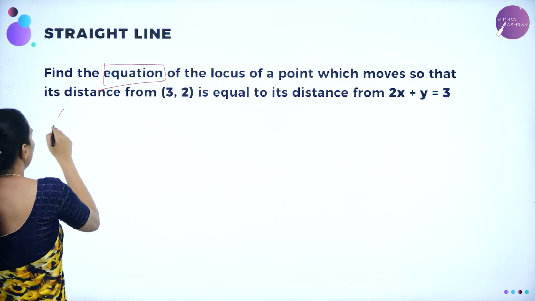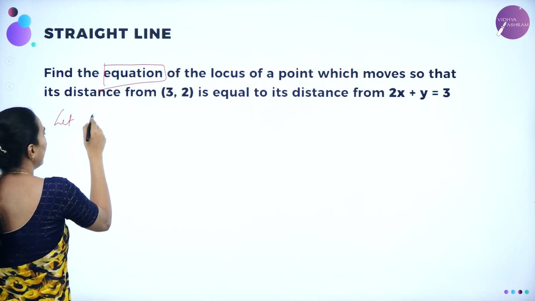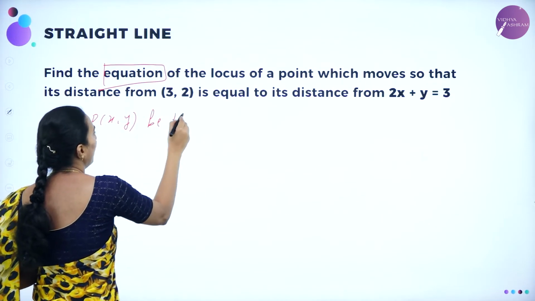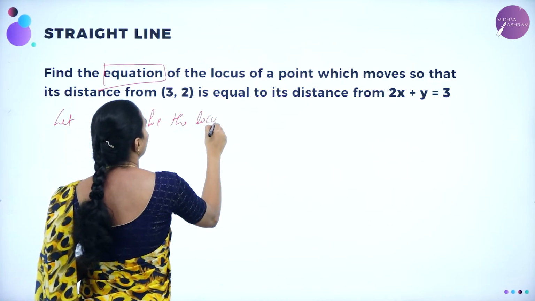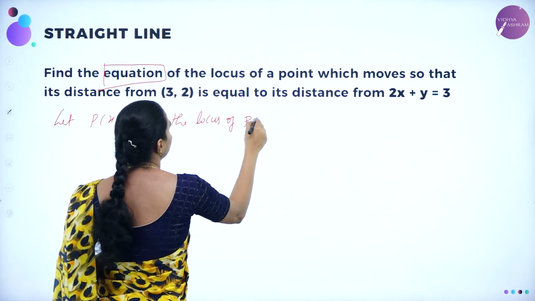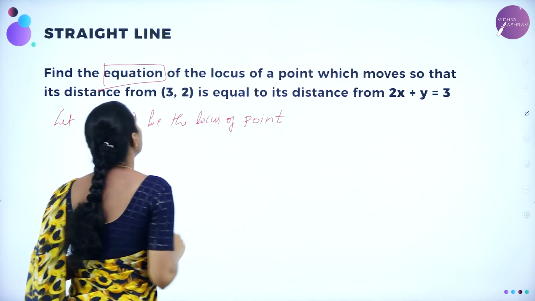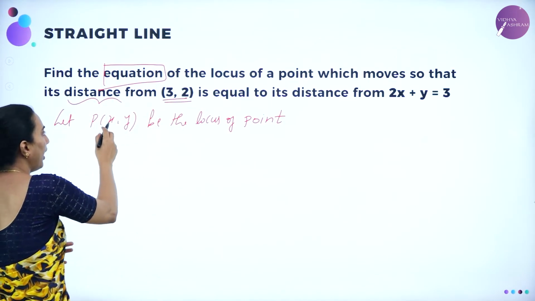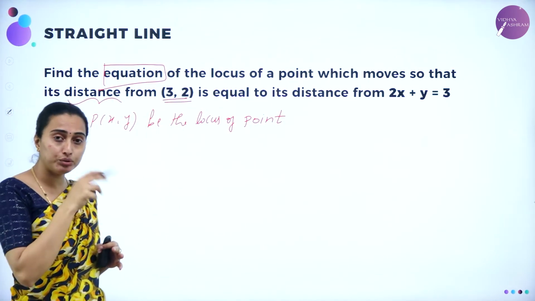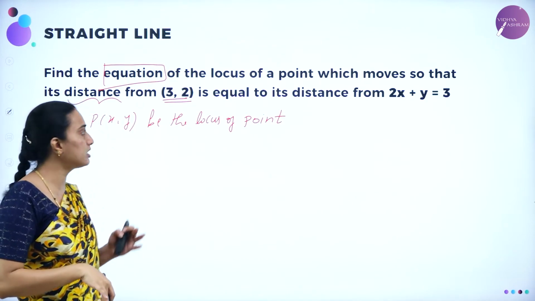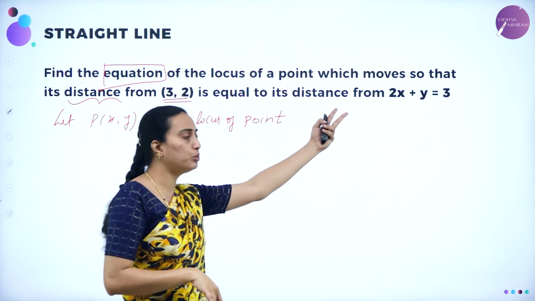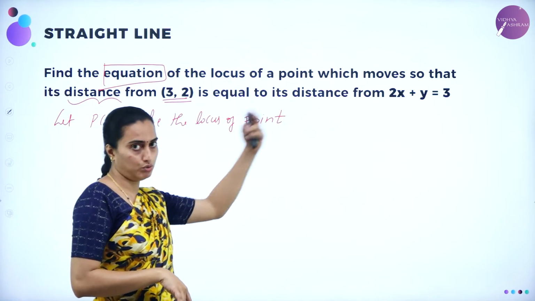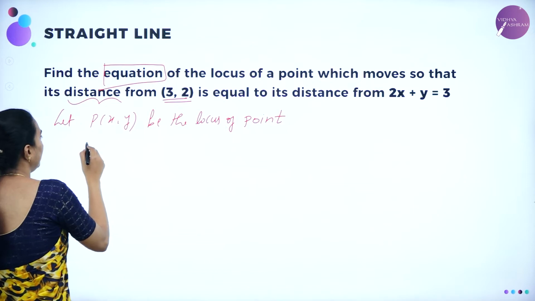I'm considering here, let P of x comma y be the locus of a point which moves so that the distance from x comma y to 3 comma 2 is equal to its distance from 3 comma 2 to the line 2x plus 3y equal to 3. So therefore I can equate it.